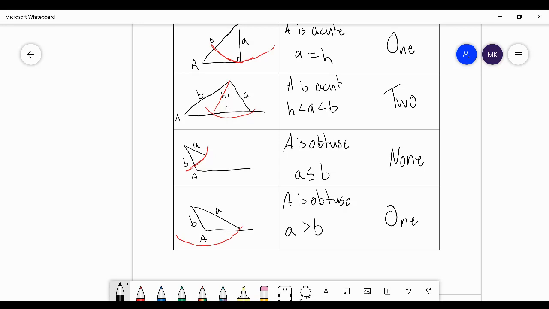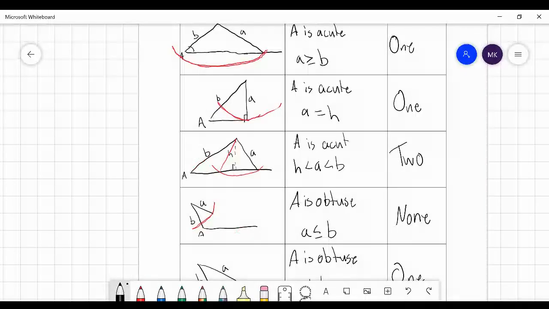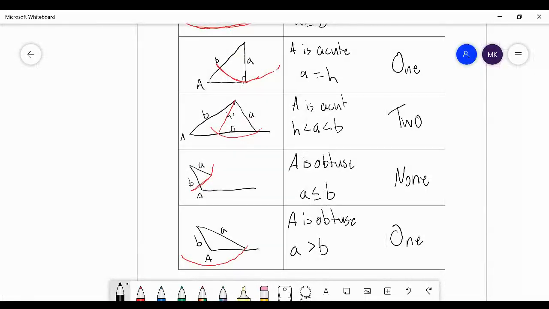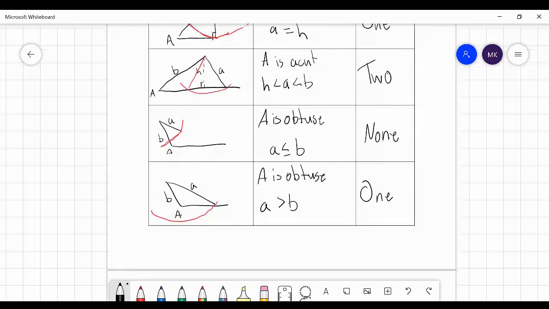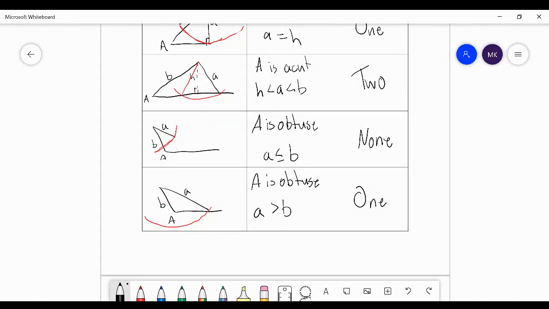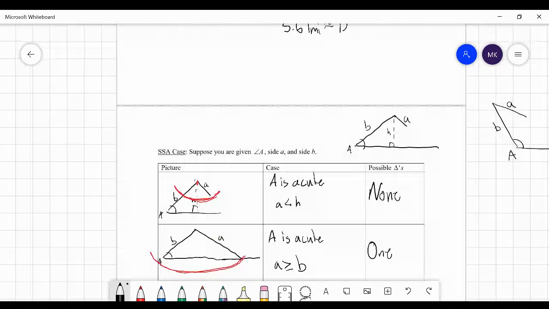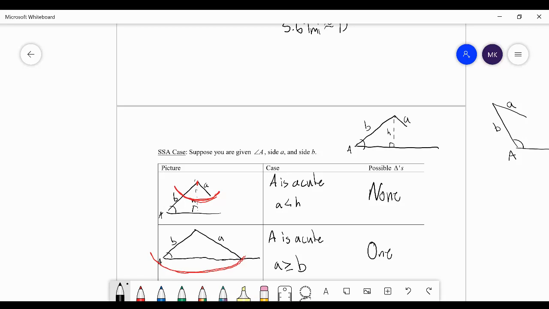So those are our cases. This is something that I would definitely recommend having on a separate sheet of paper. If you're creating a note sheet, have this on there so that you can come back to this and use it as a quick reference any time you have side-side angle.